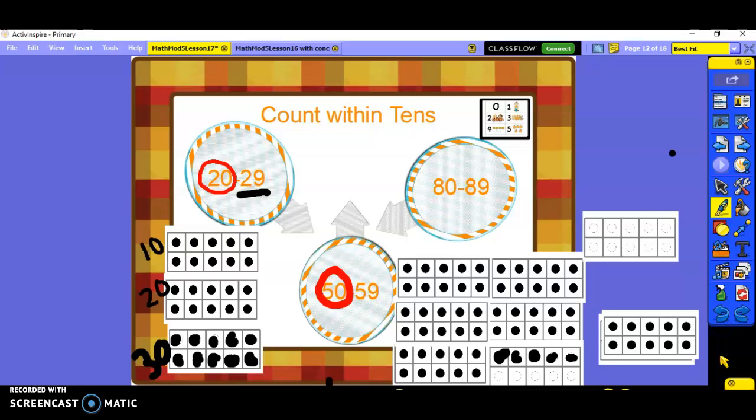Very good. Let's keep counting. 56, 5 tens, 6. 57, 5 tens, 7. 58, 5 tens, 8. 59, 5 tens, 9. Yes, good counting.